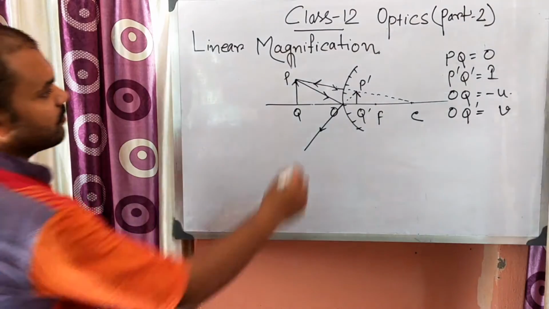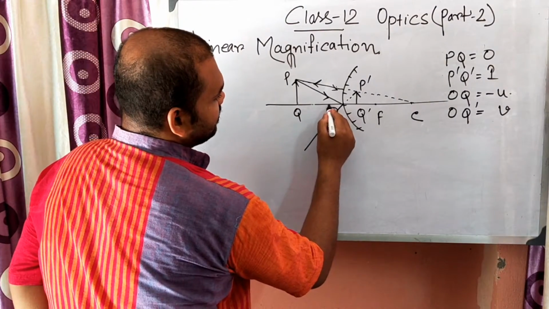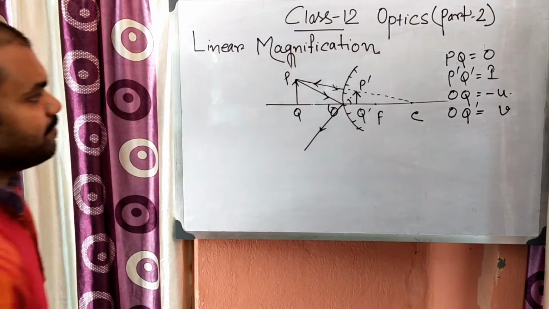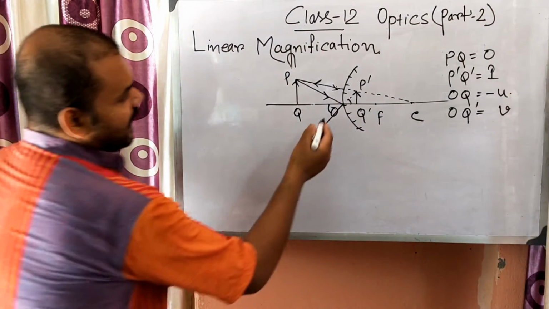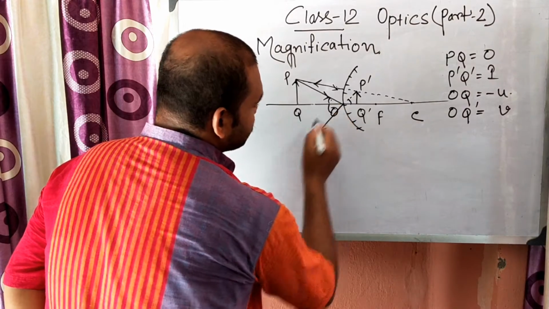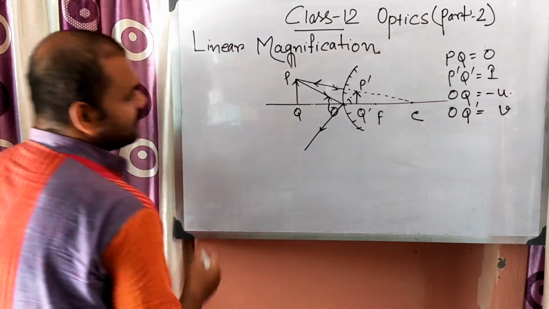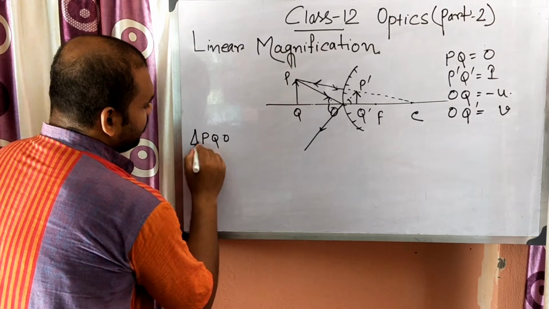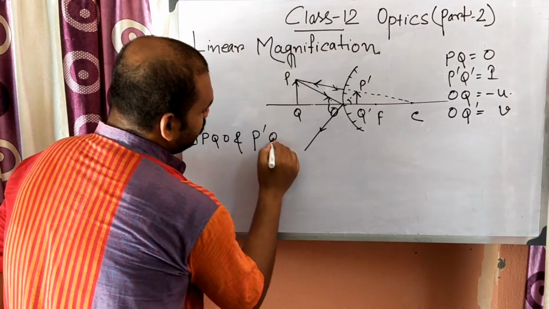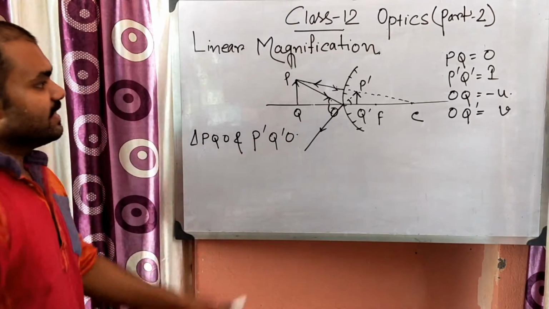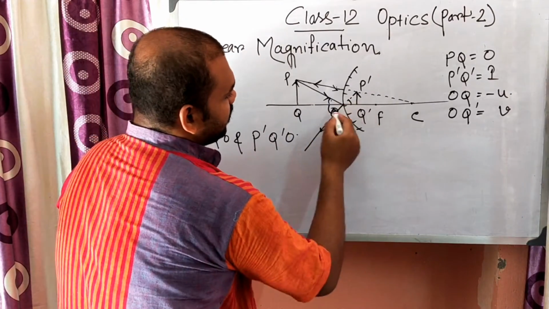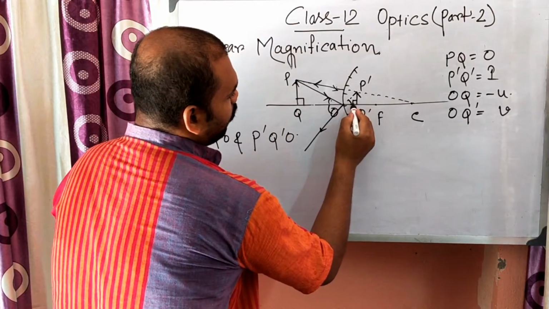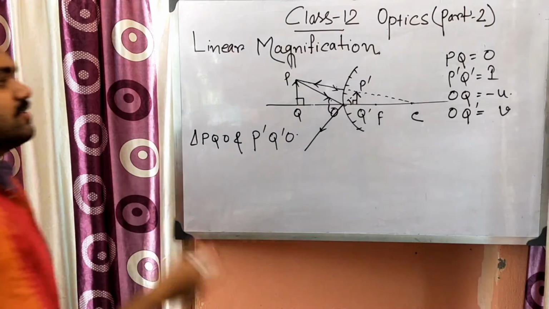Now for these two triangles, this angle and this angle are the same. In triangles PQO and P prime Q prime O, angles POQ and P prime OQ prime are the same, and PQO and P prime Q prime O are 90 degrees, so the third angle is equal.